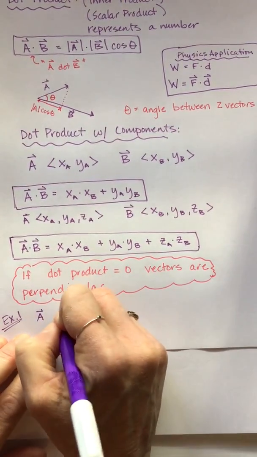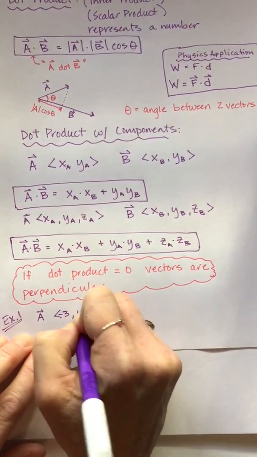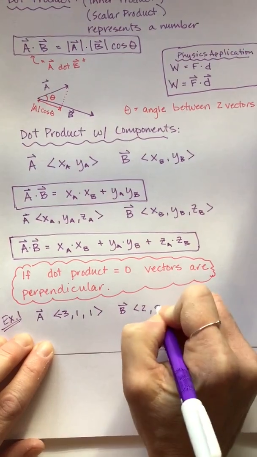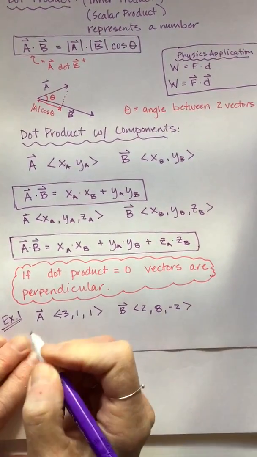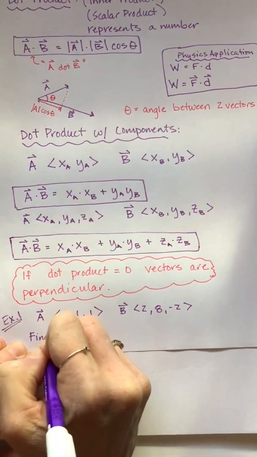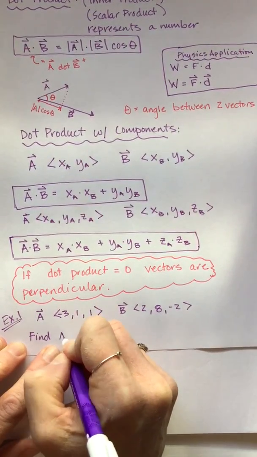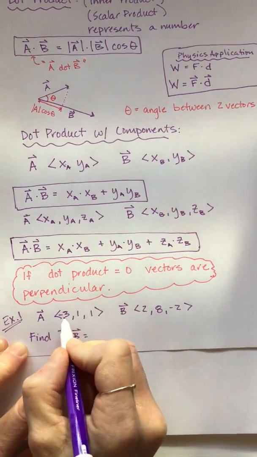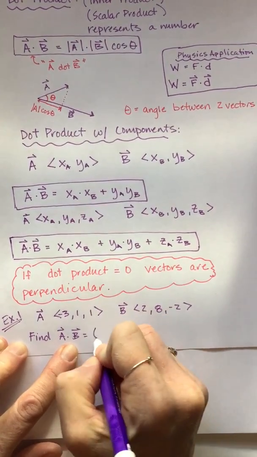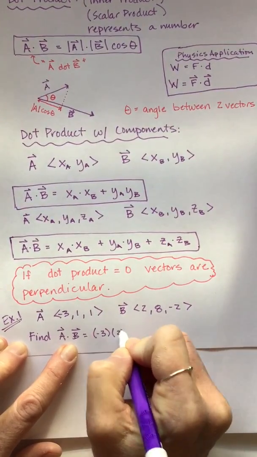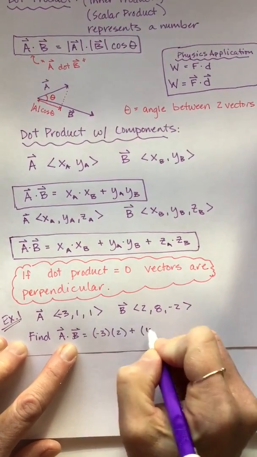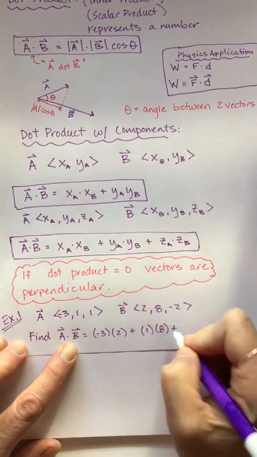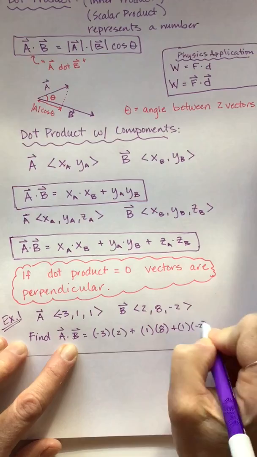So let's say we've got a vector A, -3, 1, 1, and vector B is 2, 8, -2. We just want to find the inner product or the dot product, which is A dot B. So we're going to take -3 times 2, the two x components, and add that to the y components, 1 times 8, and then add that to the z components, 1 times -2.